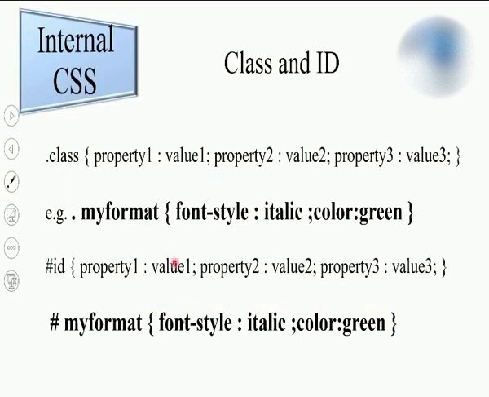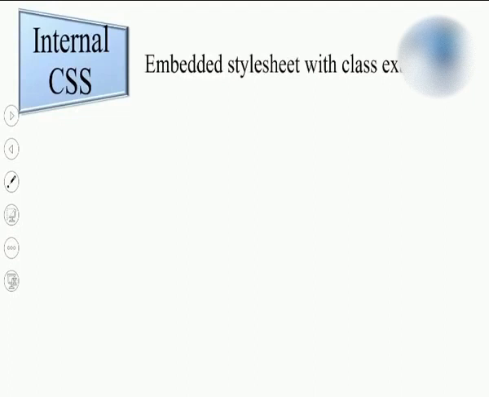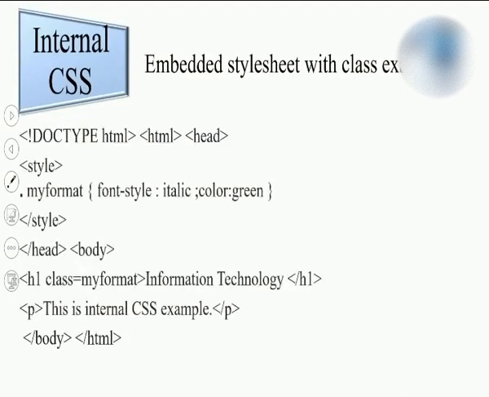Students, I know by writing this simple example, you might not have understood clearly how class and ID work. So let us see the example so that you can easily understand how the class and ID work. This is an example of making use of the class in internal CSS.